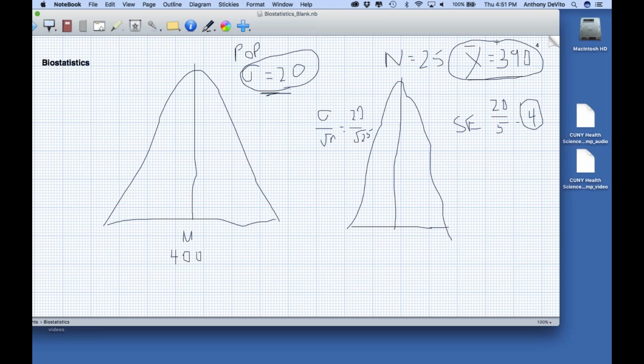It's not our population mean, it's our sample mean. So let's start with that point. If I were to assume that 390 were my real population mean, and I took repeated samples, I would expect 95% of the samples that I take to be between what and what?